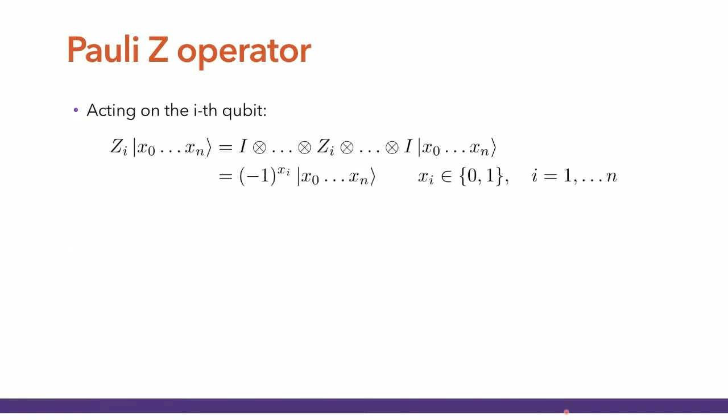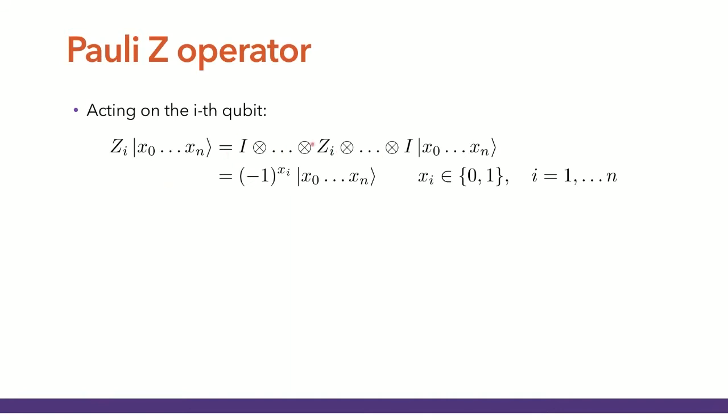Now, if we have PauliZ acting on the ith qubit, what we mean is an operator that acts on all n qubits, but is the identity everywhere else. It's a tensor product of identities on both ends, and then Z acting on the ith qubit. Here I'm assuming that Z is somewhere in the middle.